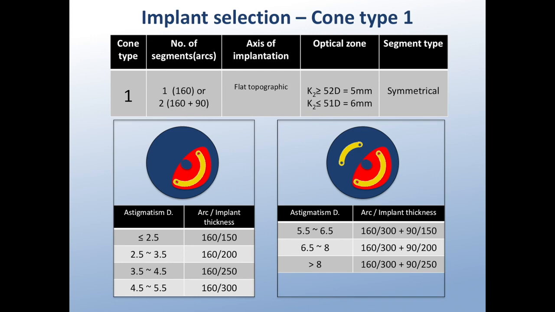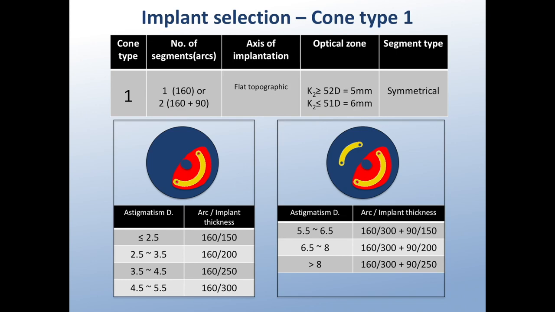What remains to understand is the thickness, which varies depending on the astigmatism that we have to correct. So there is an easy to interpret table that tells us that up to 2.5 diopters, 150 micron thickness is placed. Between 2.5 and 3.5, 200 microns. Between 3.5 and 4.5, 250 microns.